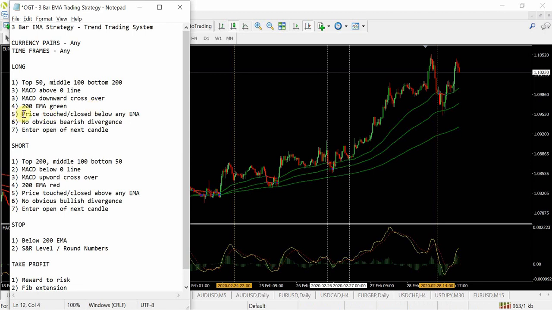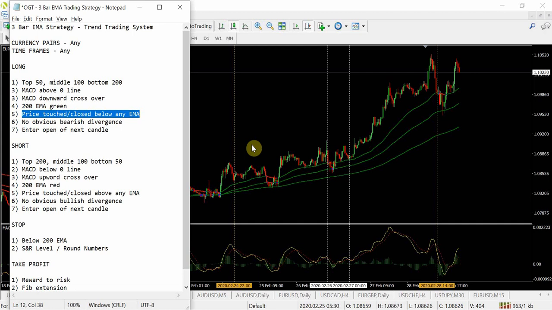Now this is where this kind of signal falls over: price has touched or closed below any EMA. As you can see here, at the time of this cross price is not near the EMA. And why is that important? We're looking for potential areas of pullbacks, and pullbacks tend to occur around the EMAs, not to say it always does.